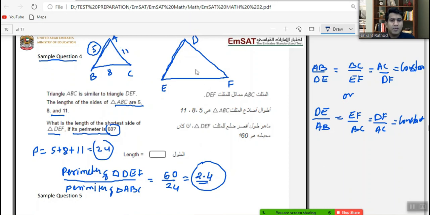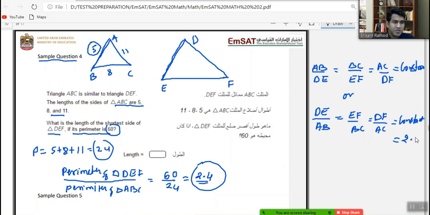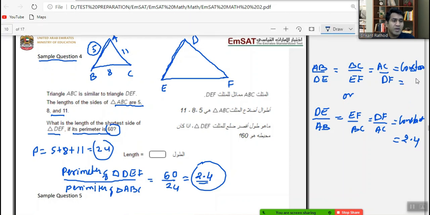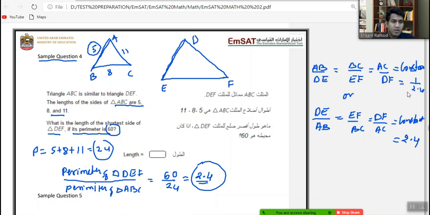In this case the constant value we are getting here is 2.4, not here, because here the smaller triangle is up and the larger triangle is down. In this case I can do it as 1 by 2.4, right? So let's make use of this.